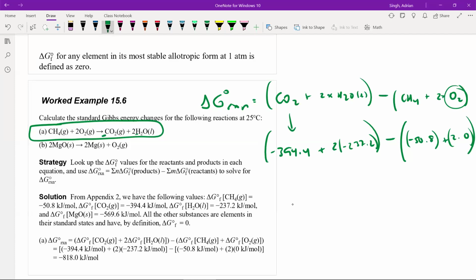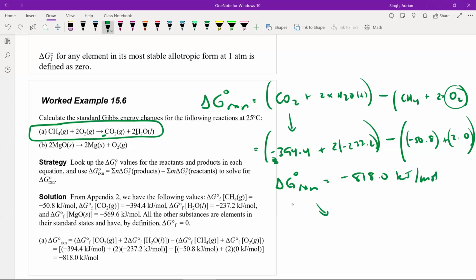Okay, so we substitute these, and pay attention to the signs, by the way, because your delta G of formations are going to be important to keep track of. You have lots of signs going on in here, and that's probably the easiest place where you can get confused if you don't keep track of your signs. So we plug those in, keep track of the signs. You see the delta G for this reaction is negative 818.0 kilojoules per mole.